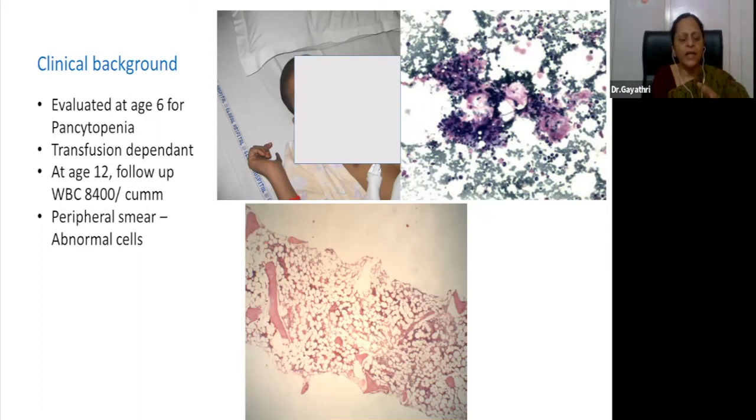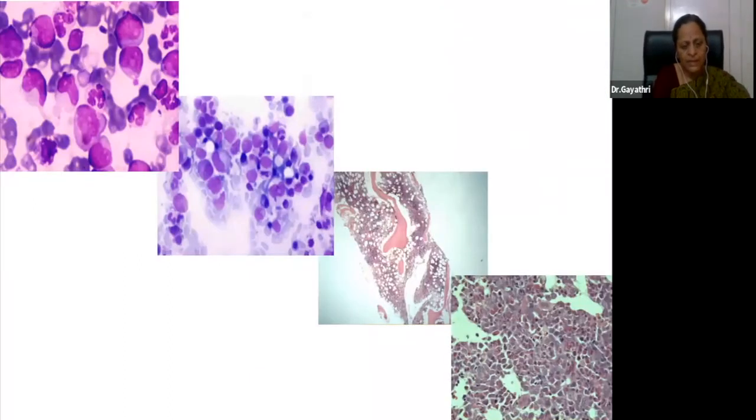And at the age of 12, he presented for transfusion again with a WBC count that had risen to the normal range. Now an aplasia with about 700 to 800 WBC count, severe leukopenia, suddenly showing up a WBC count of 8,400, definitely an ominous sign. Peripheral smear showed those abnormal cells.